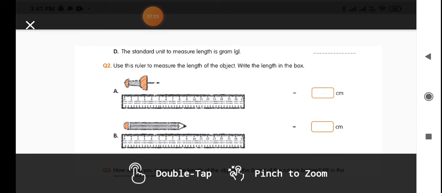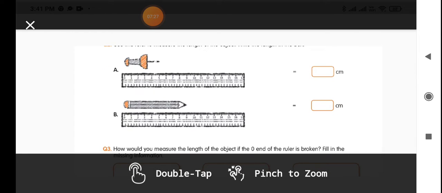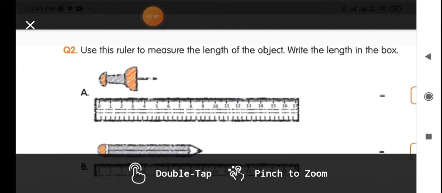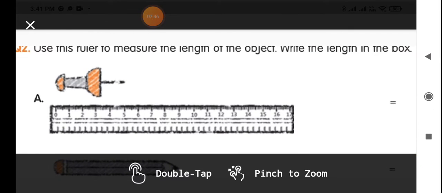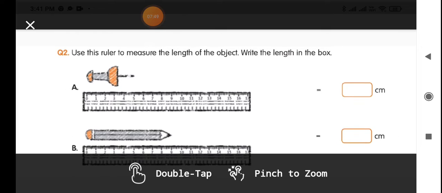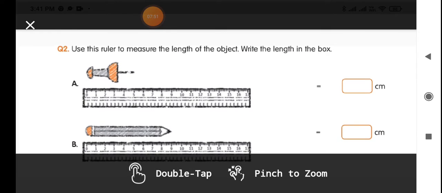And now some objects are given. Use the ruler to measure the length of these objects and write in the given column. Write the length in the given box. So this pin is kept exactly at 0, the starting point, and the ending point you can see is coming up to the 5.